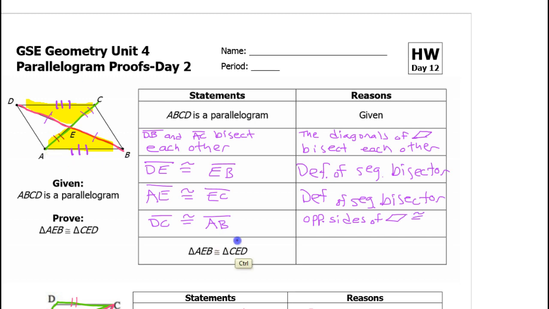So if I take this approach, then the reason for the triangles to be congruent would be side, side, side. Okay? But I could have just as easily said that the vertical angles are equal, and then that would have been side, angle, side. Okay? I also could have used alternate interior angles. There's just so many ways to do it. So there's more than one right answer for sure.